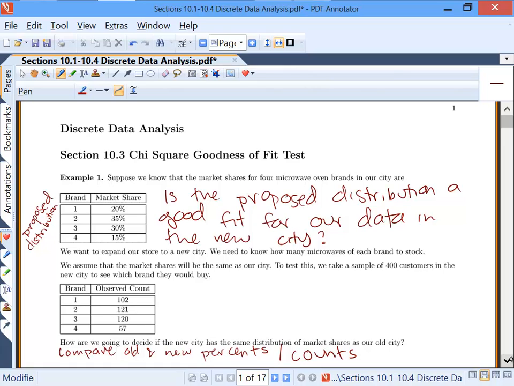So that's the proposed distribution. And then when we went to the new city and actually asked them what they're going to buy, this is our actual data.